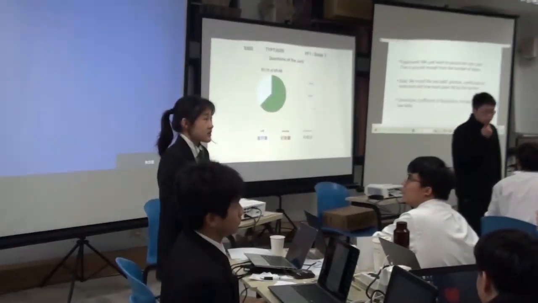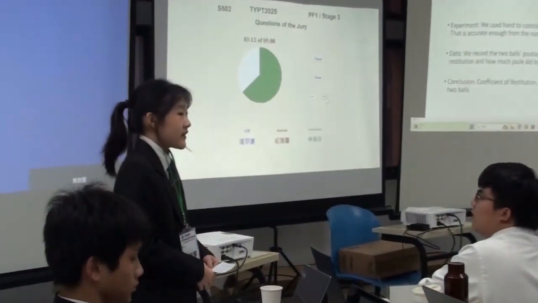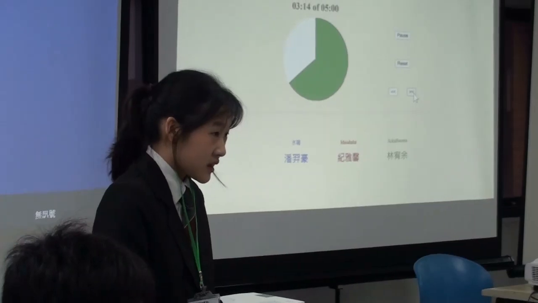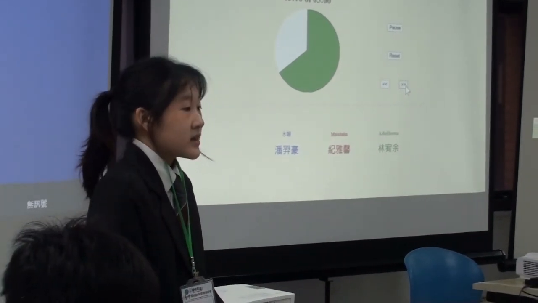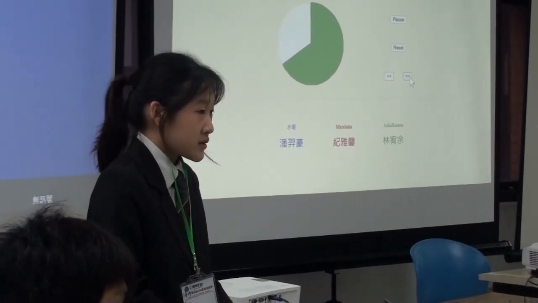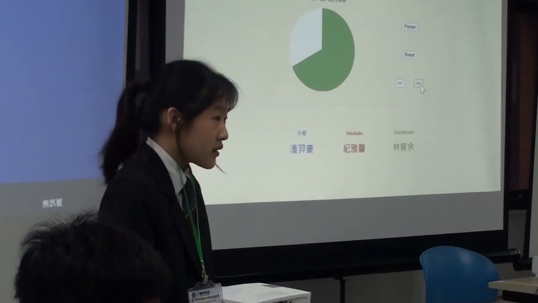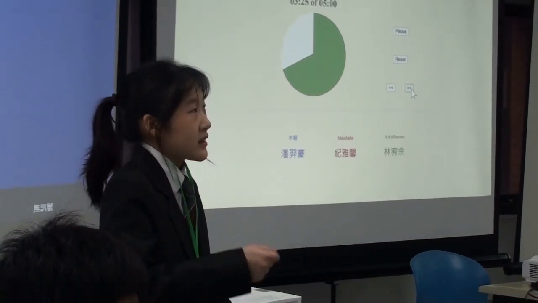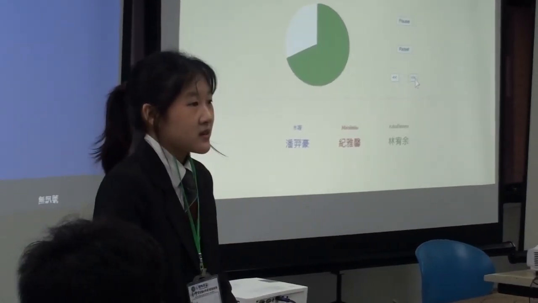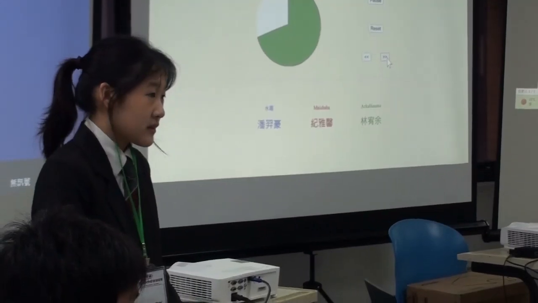The length of the string will definitely affect the period of the lato lato. And also the tension, I just mentioned that it will also affect that. And the mass of the ball, the force that I pull up, and the initial velocity that I give to it.